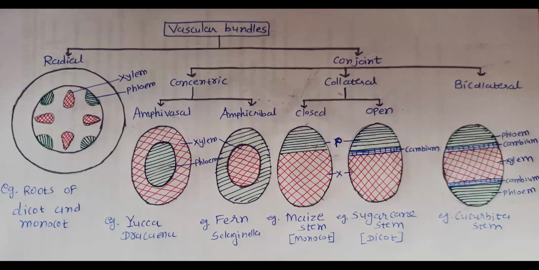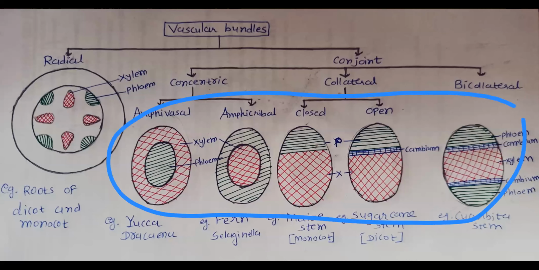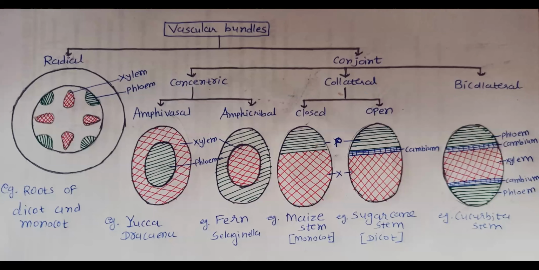The other category is the conjoint. Can you say in one line what is the speciality of conjoint bundle that is commonly seen in all of them? Yeah, within a same bundle, one can see the xylem and phloem together.